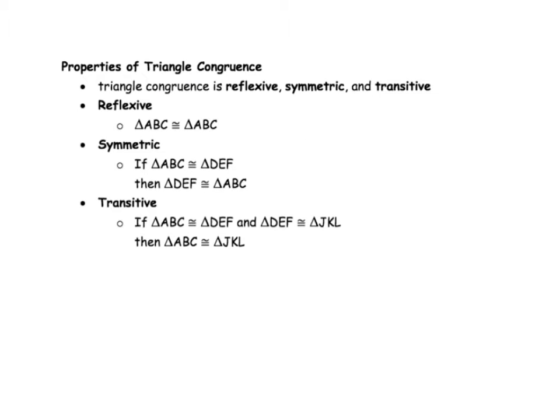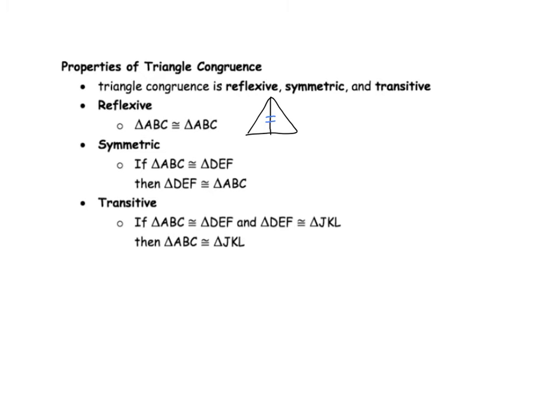All right. So a few properties of triangle congruence are reflexive, symmetric, and transitive. Reflexive is basically stating that a triangle is congruent to itself. Another example would be, let's say I have this triangle with that line in the middle.